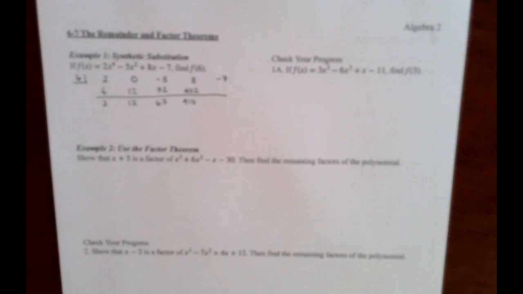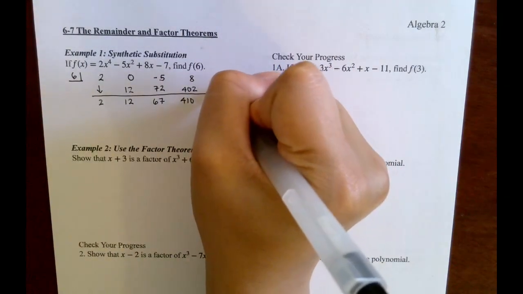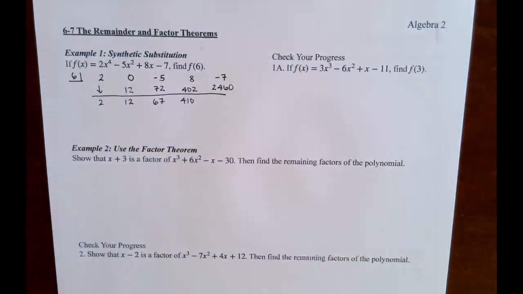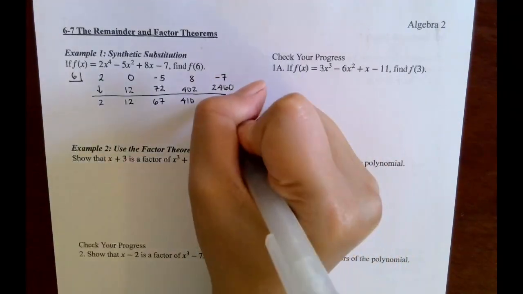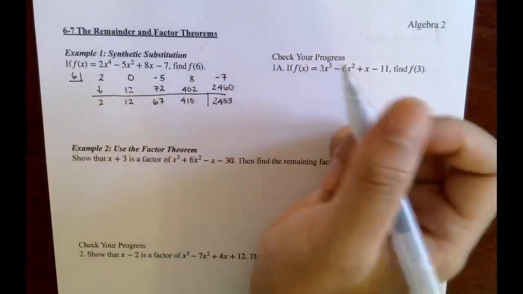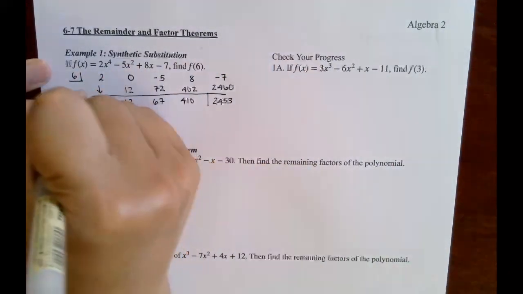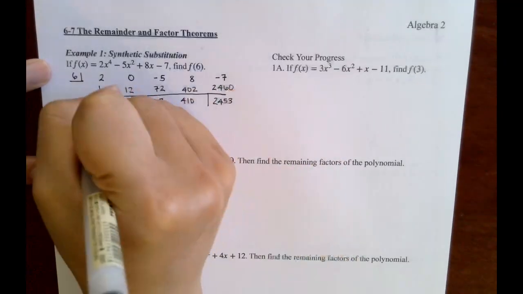And then 410 times 6 is 2,460. And then we add that to negative 7. That gives us 2,453.